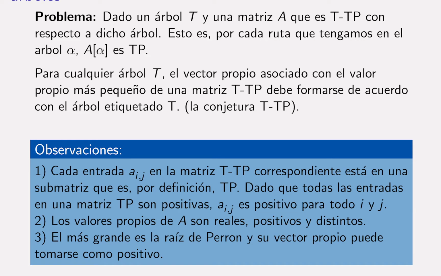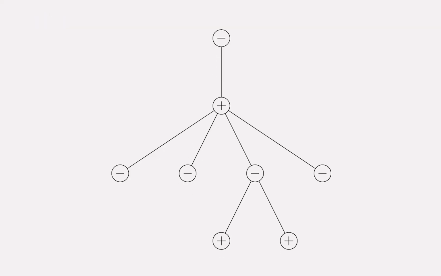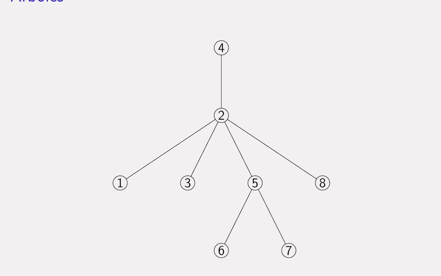So this eigenvector is going to have this sign pattern. So for instance, in this way, it's going to be negative, positive, negative, negative, negative, positive, positive, negative. This is going to be the sign pattern for this eigenvector, right? If we decide this particular labeling for the matrix, for the graph.